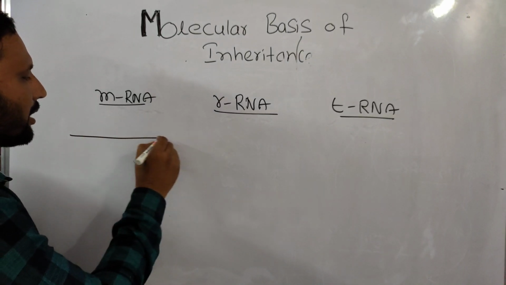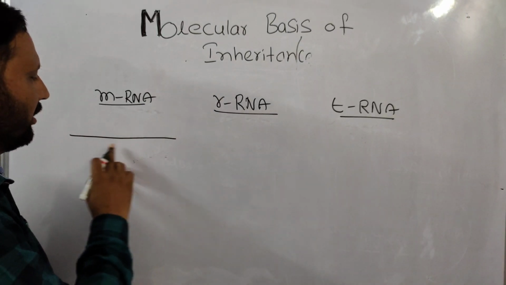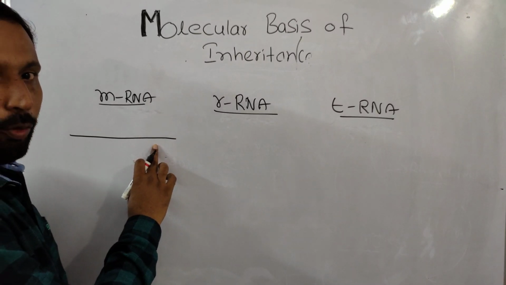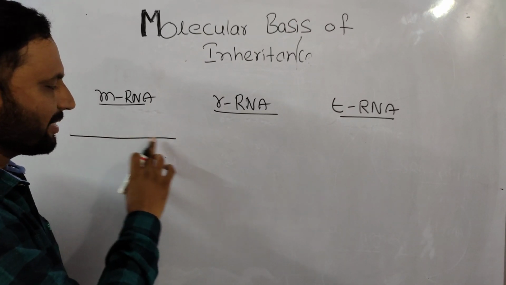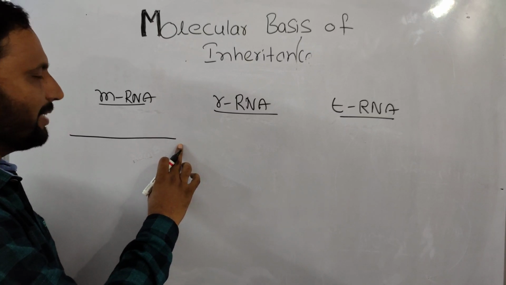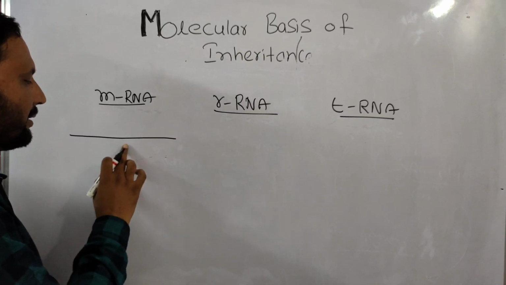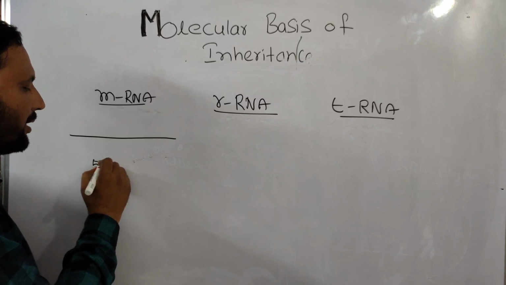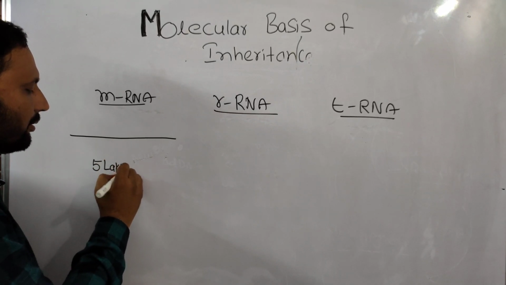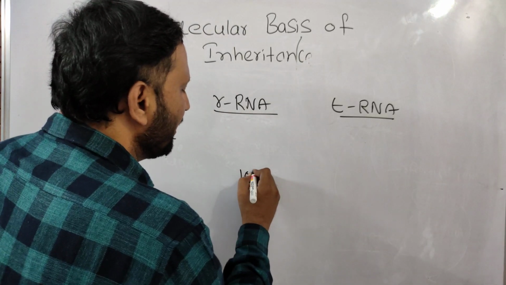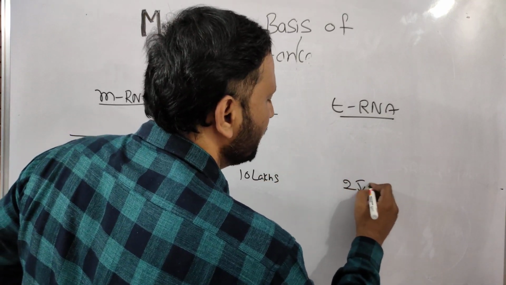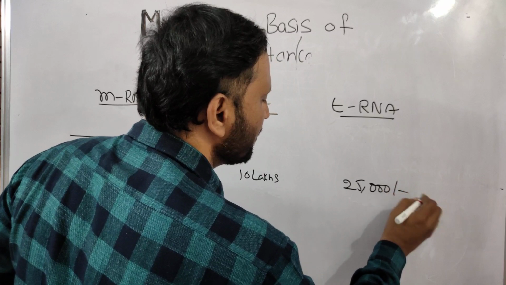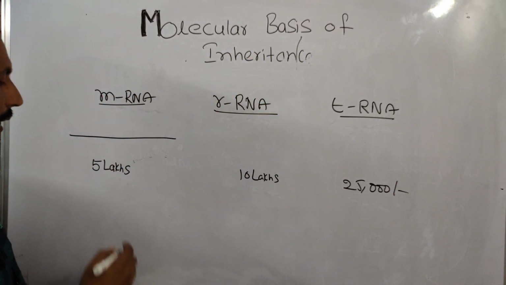mRNA is single stranded, all are single stranded, but mRNA is an unfolded polynucleotide strand, no foldings. It is a straight RNA. This mRNA's molecular weight is 5 lakh Daltons, whereas it is 10 lakh Daltons here, whereas it is 25,000 Daltons there.